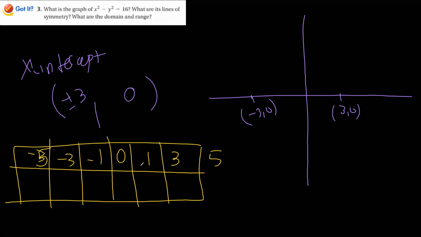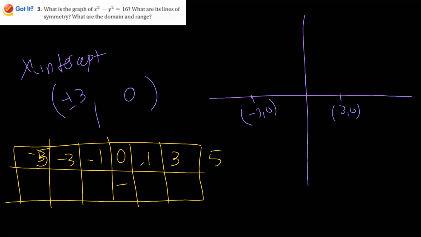At point 0, if x is 0, what is the value of y? 0 squared minus y squared equals 16. Is there a value for y if x is 0? No, because we said that there's no y-intercept.